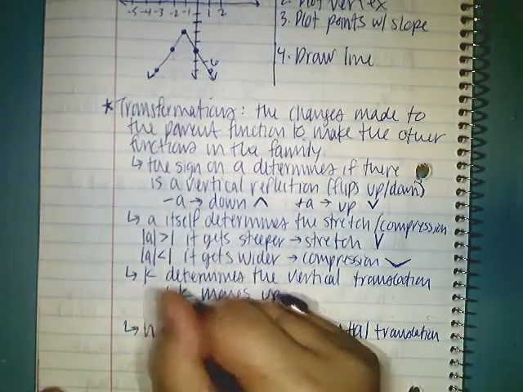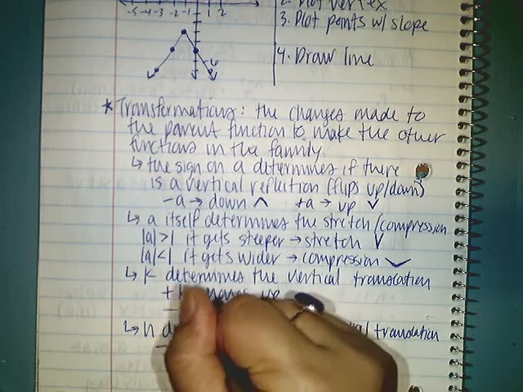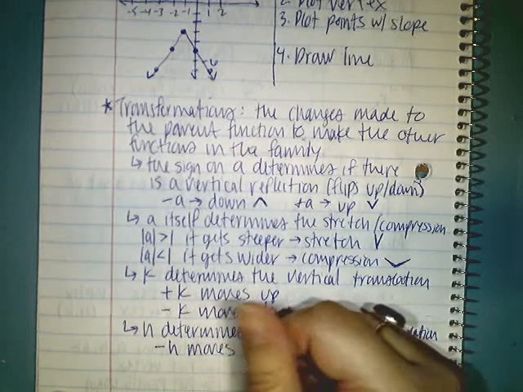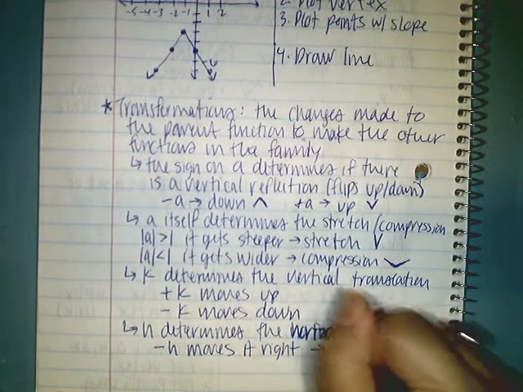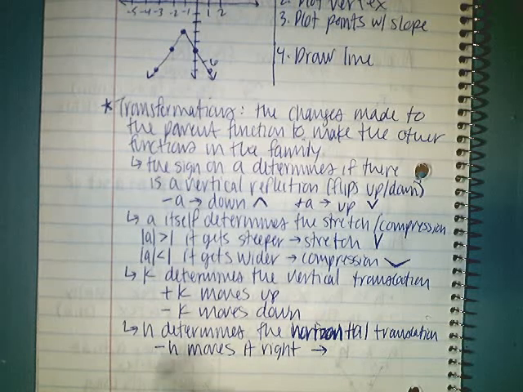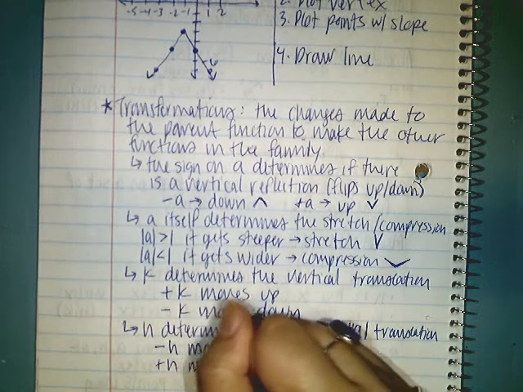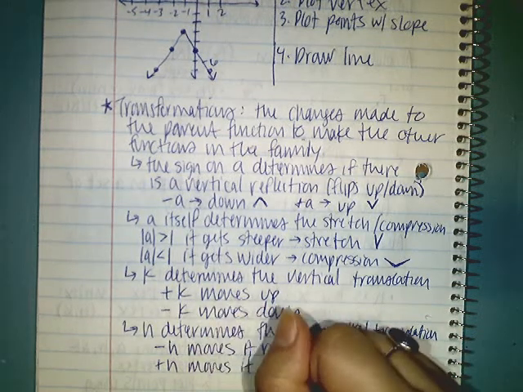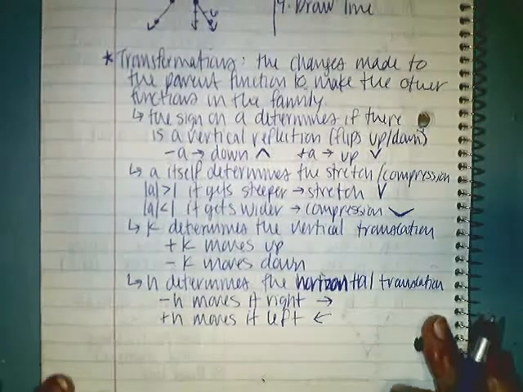So if our H is negative in the equation, so a negative H actually moves it right. So in the context of our problems, if it's in the equation as a negative H, it moves it right. Whereas if it's a positive H, it'll move it left. So our H values are sort of opposites of what you would anticipate.